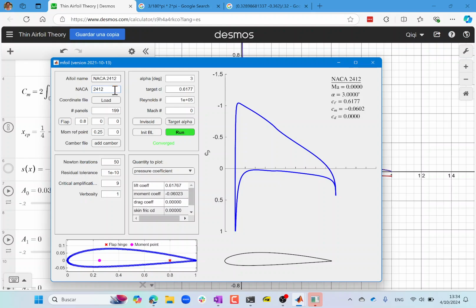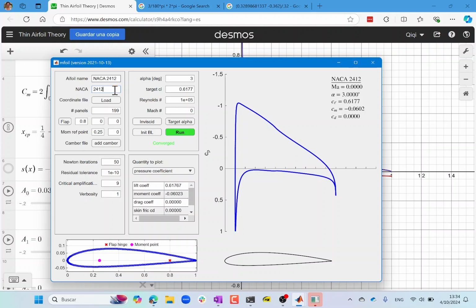The first 2 digits actually mean independent things. So for example, 2412, the 2 and 4 mean 2 different things. The first number 2 means how much camber there is on the airfoil. So that's the D over C in your homework, if you have looked at question 2 of the homework.